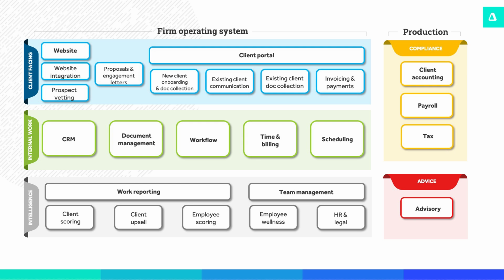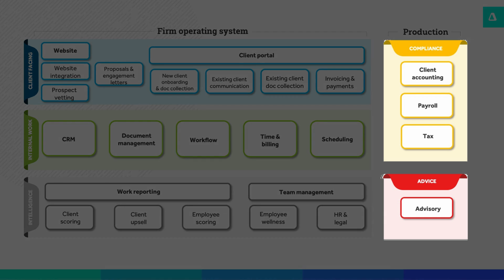This concept of production has been more built out for accounting firms than the firm operating system side of it. For instance, client accounting is a set of production tools we use, like QuickBooks Online, Bill.com, Expensify, things like that, that connect and work well together. They're all in the cloud.